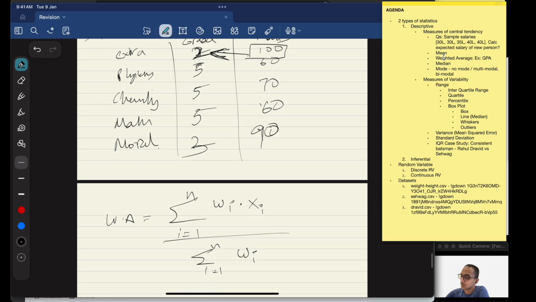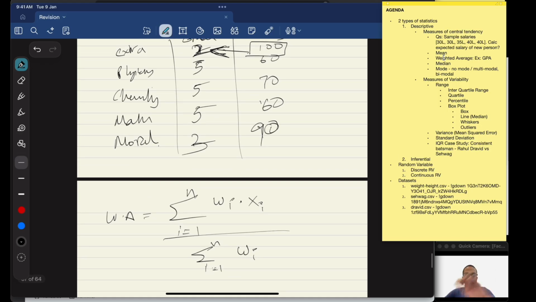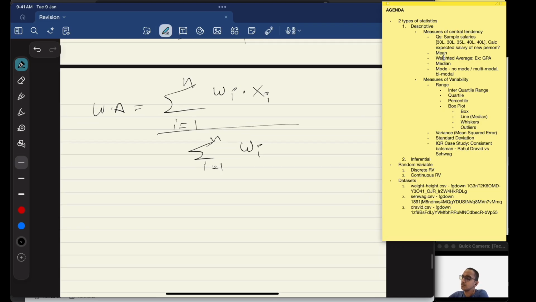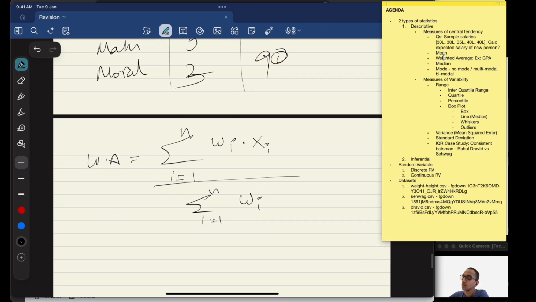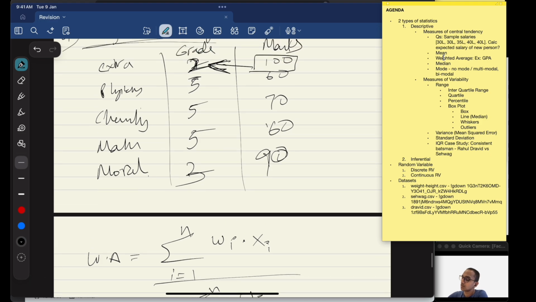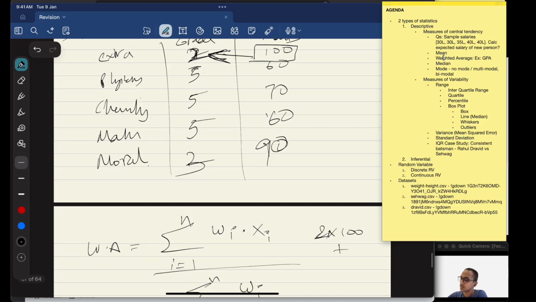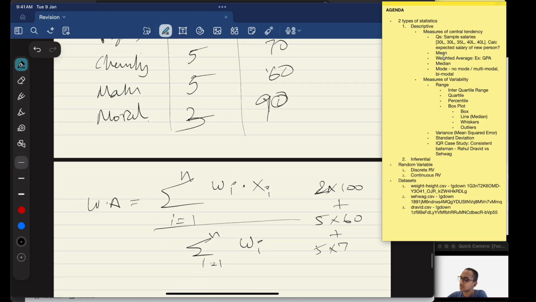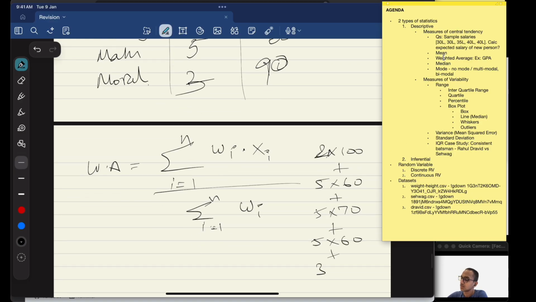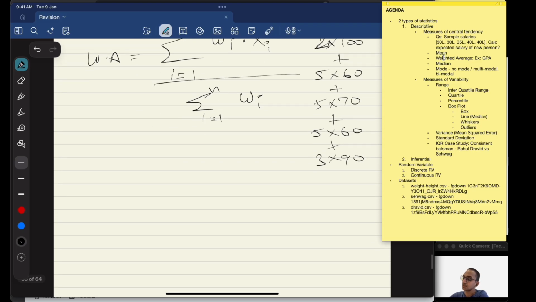So if we translate this using the above dataset, we will have something like weight times the marks would be 2 into 100 plus 5 into 60 plus 5 into 70 plus 5 into 60 plus 3 into 90, right?